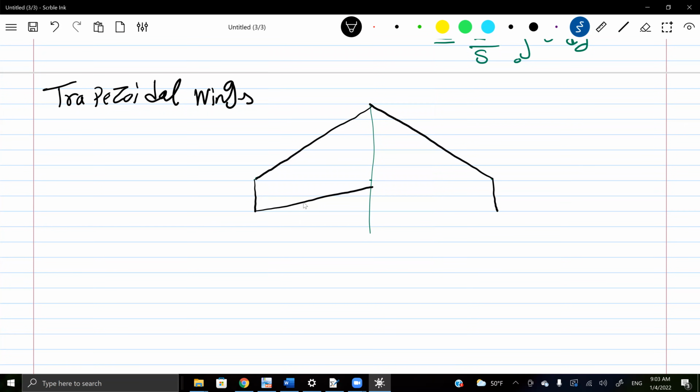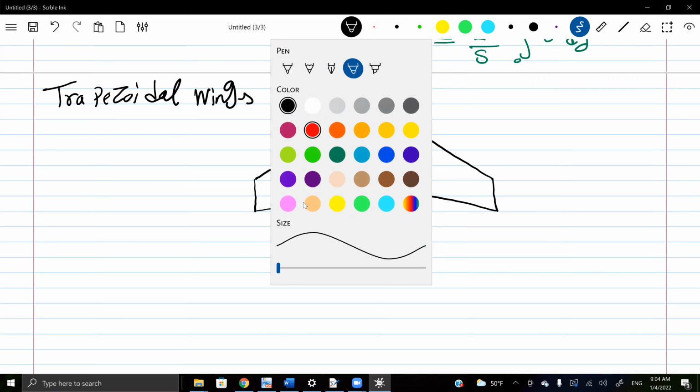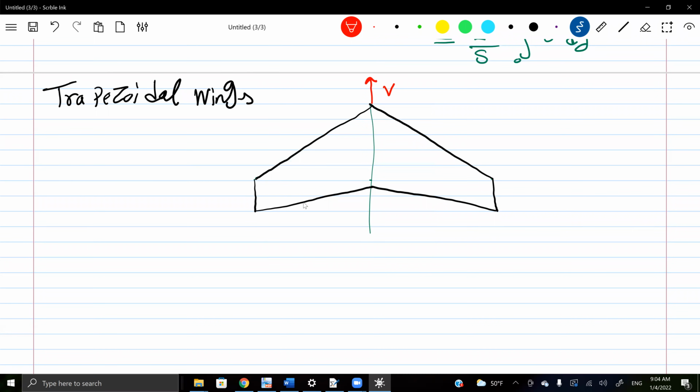Assume that this is a wing. Again, the wing is flying like this with the velocity V. Still, this is my y-axis. Everything is the same as the definitions.